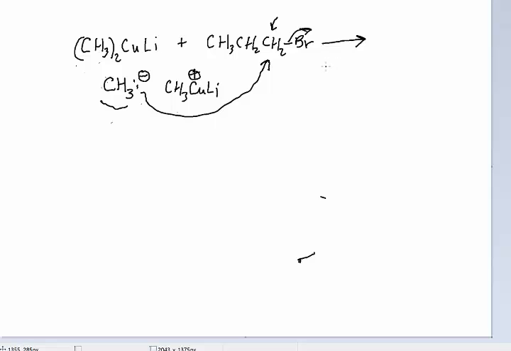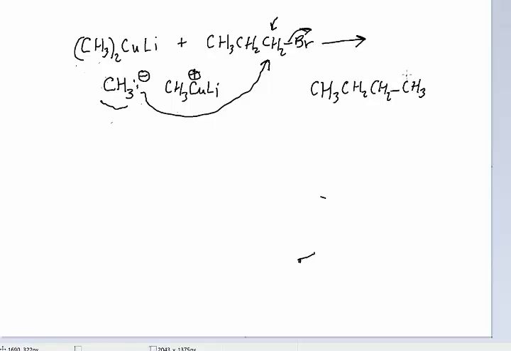And really that's it. If you just piece that all together, that's going to give you the product. So I want to attach a methyl group to that CH2, so we'll go ahead and write that: CH3, CH2, CH2, and CH3.